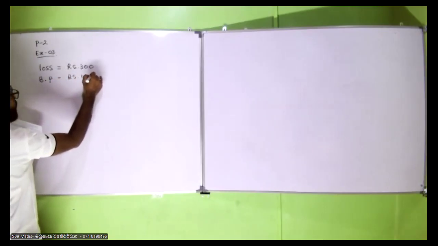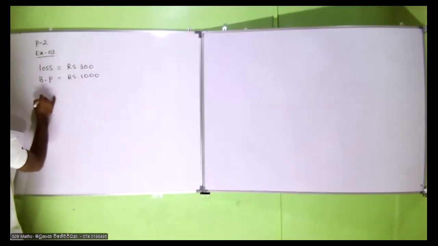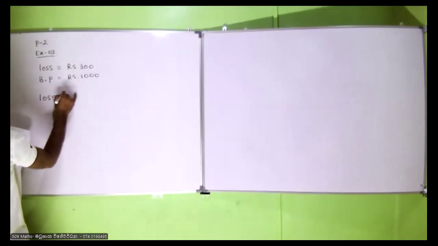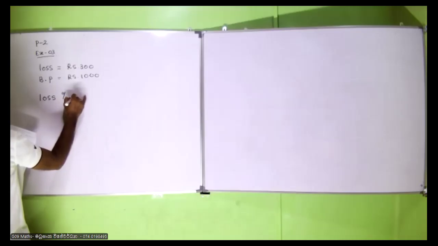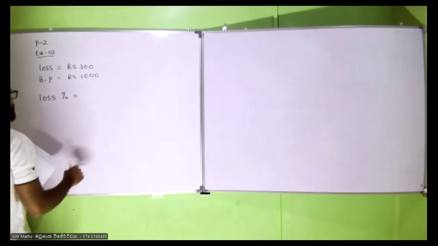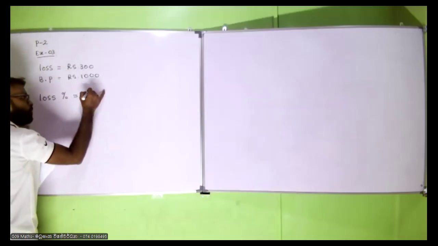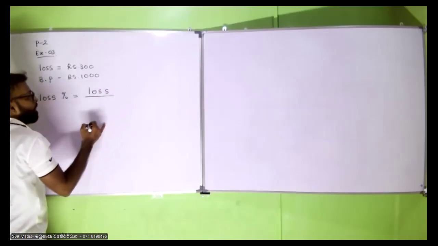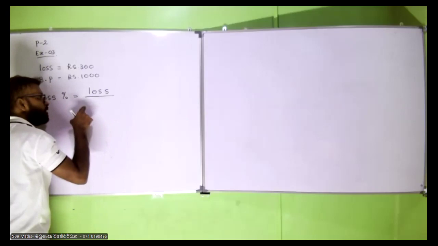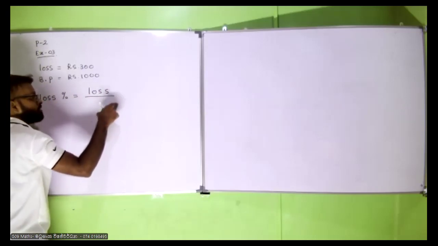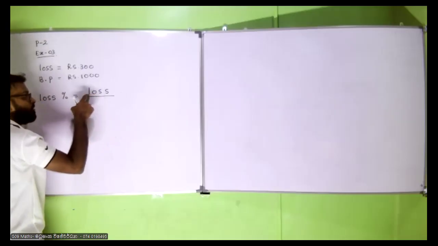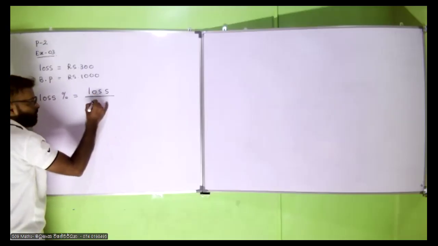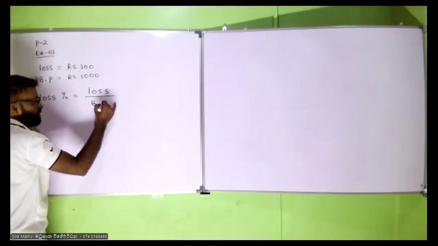If you want to find the loss percentage, the thing you need to remember is: in the numerator you put the loss, and in the denominator you put the value you are going to compare the loss with. That value is the buying price, the initial cost.